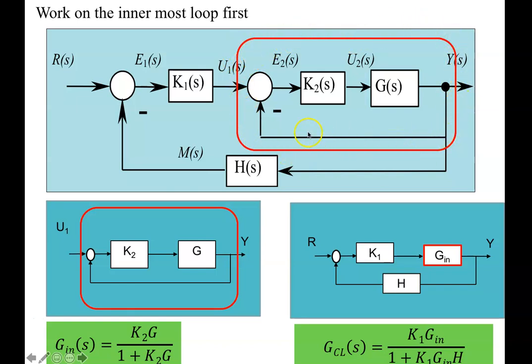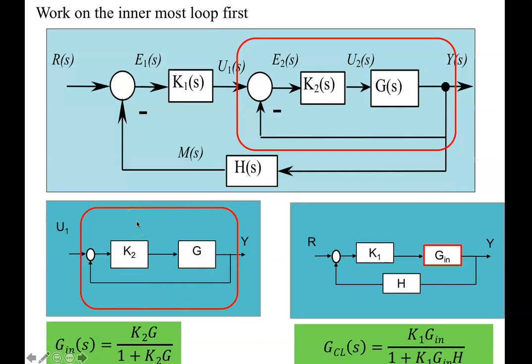If you just focus on the inside of this rectangular shape, this is what we have on the left bottom. There's K2, there's G, there's feedback. Input is U1, output is Y. Now, this is familiar to us.